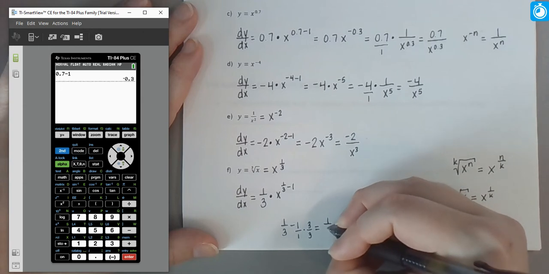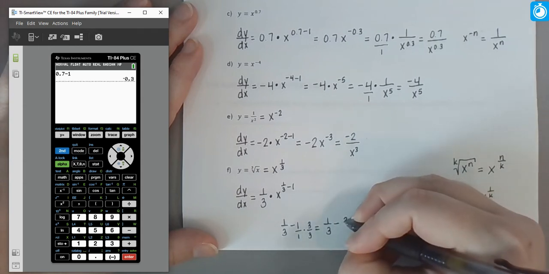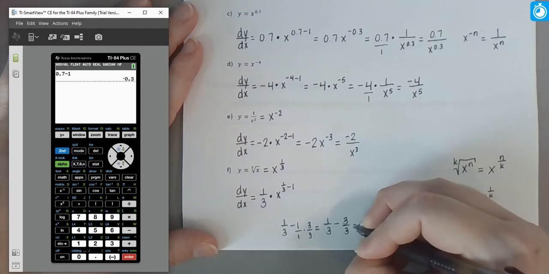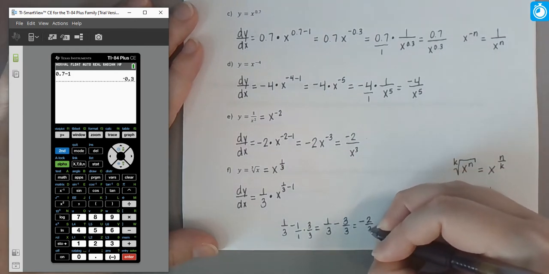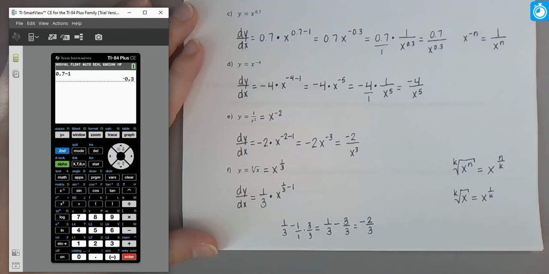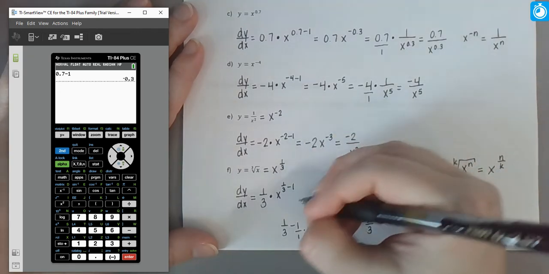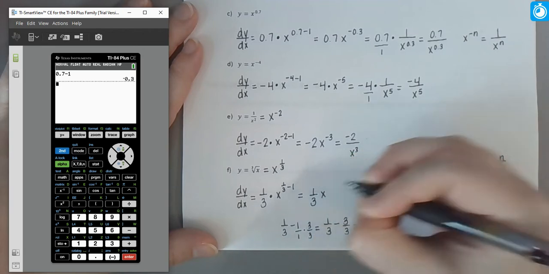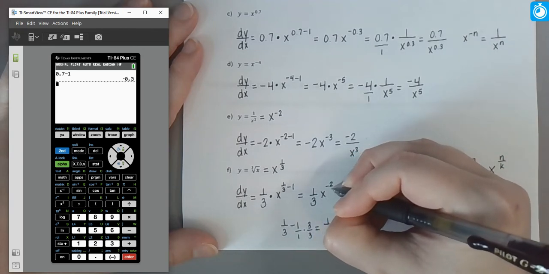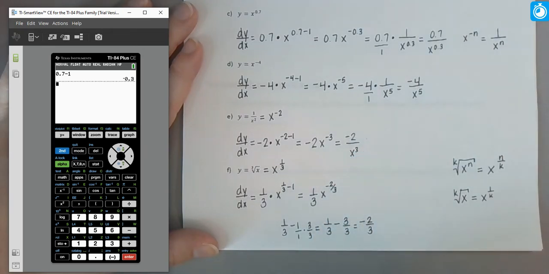So that's going to be 1/3 minus 3 over 3, which is going to give us negative 2 over 3. So that's going to be our exponent. So we have 1/3 times x to the negative 2/3.